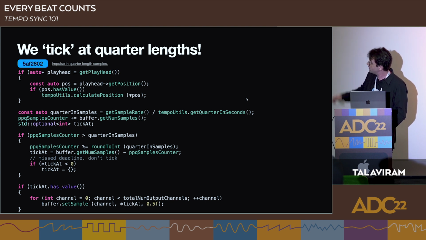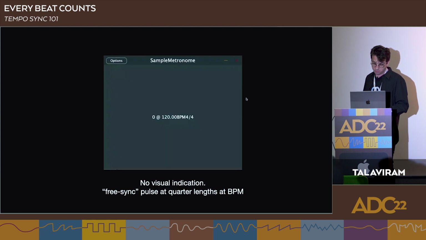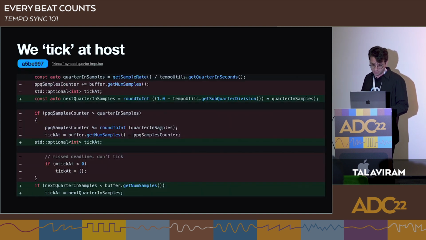This counter is a member currently in the current state. And then we are doing a modulo afterward to know which sample in the buffer we should tick, and we tick at it. It's very naive, but it works. No visual indication. We got the tempo, like we got a click.